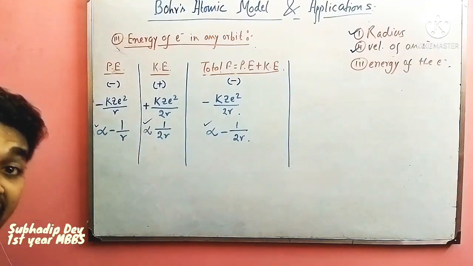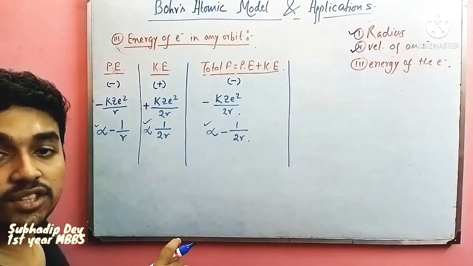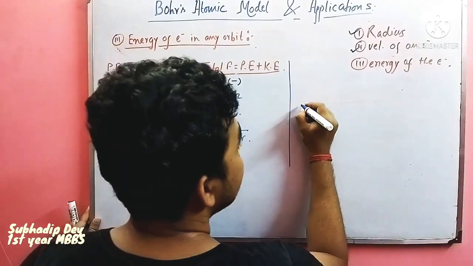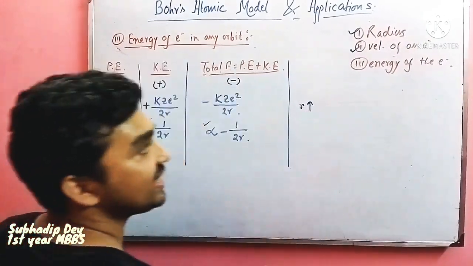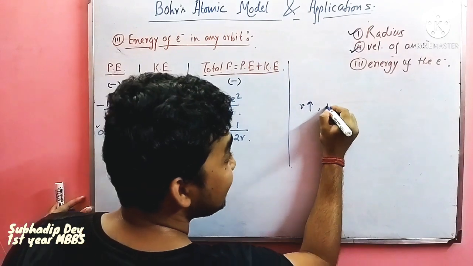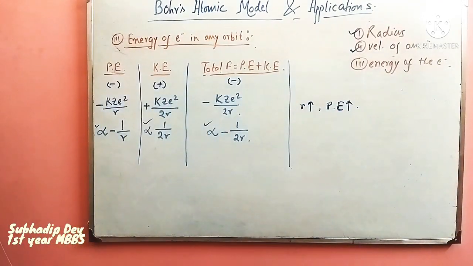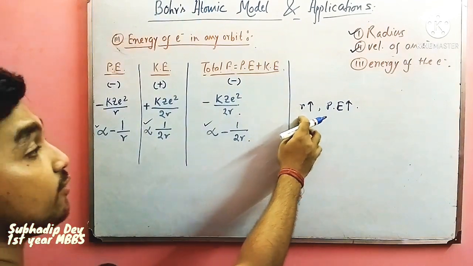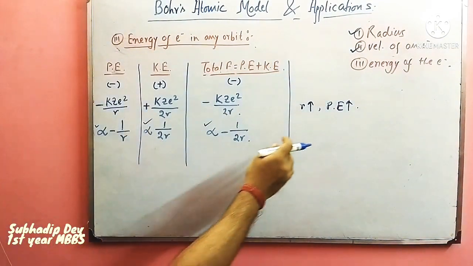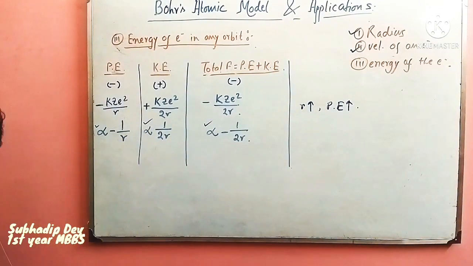Now see again, with these relations we can conclude that if the radius increases, the potential energy also increases. See, here we have got a negative sign. So if the radius increases, then the potential energy also increases.